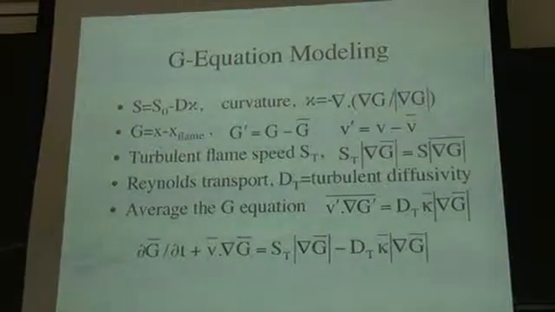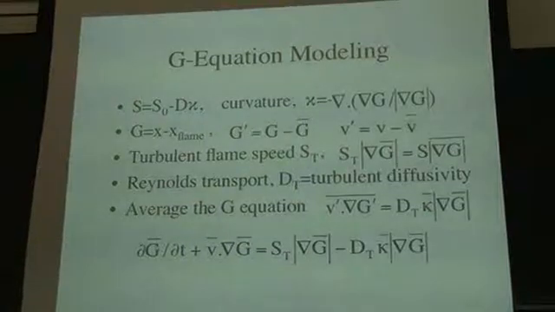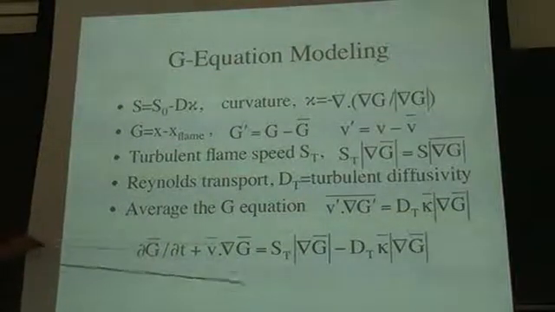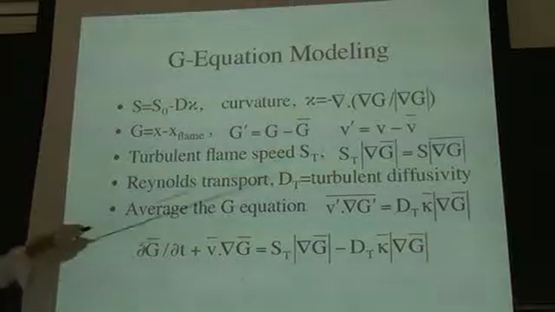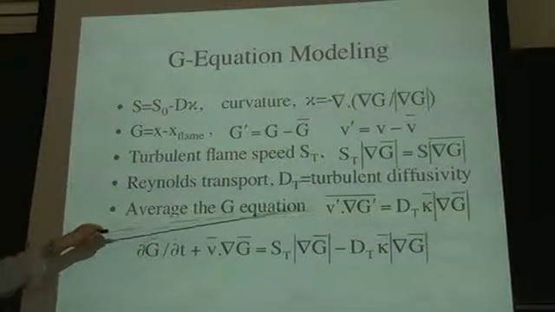then you can average the G equation, just as you do turbulence averaging for Navier-Stokes, he did turbulence averaging for G, for this particular G. And when he did it, then the root mean square fluctuation of G. So here's a turbulent approximation.